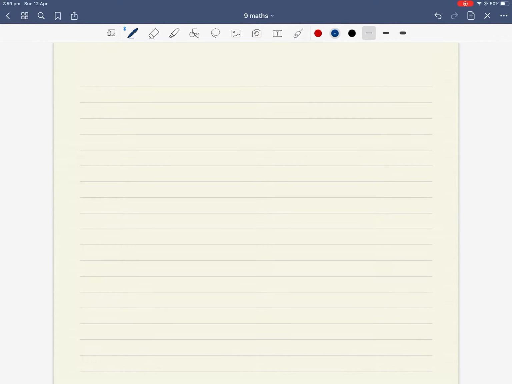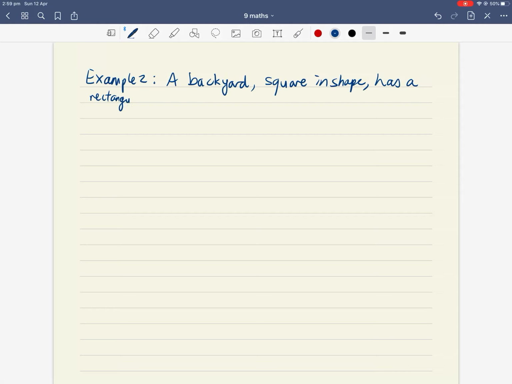Now let's look at example 2, a word problem. So example 2. It says a backyard which is square in shape has a rectangular swimming pool constructed in it.